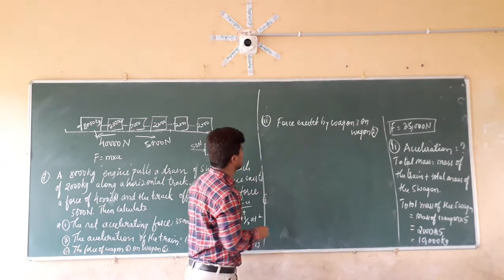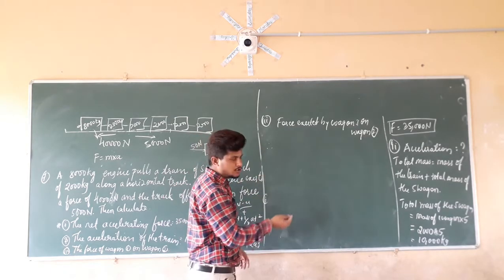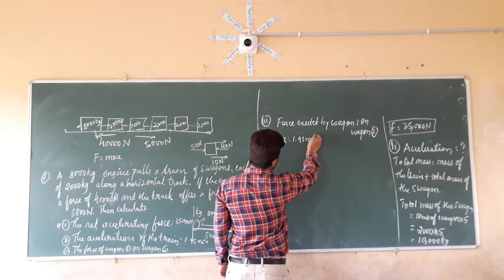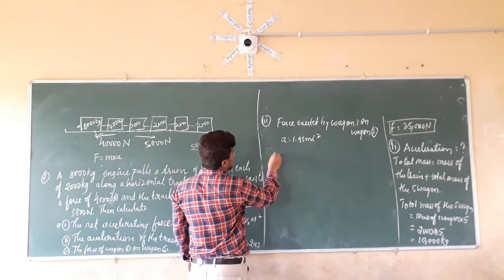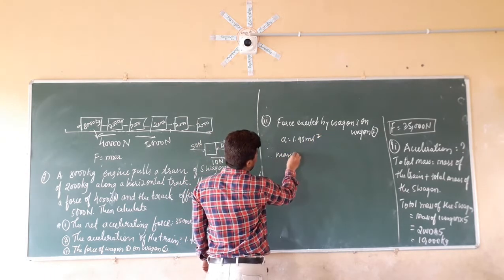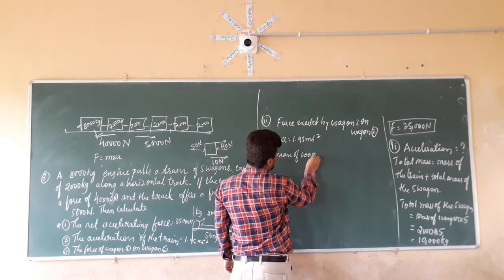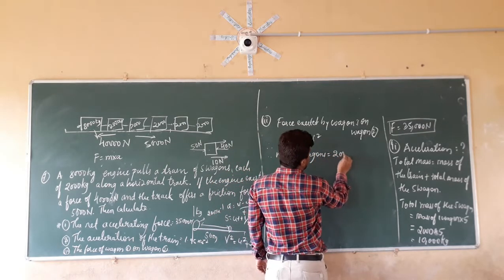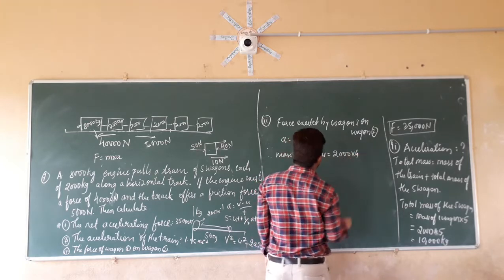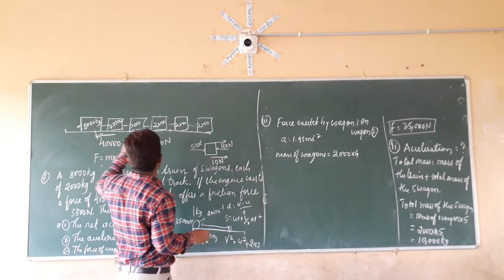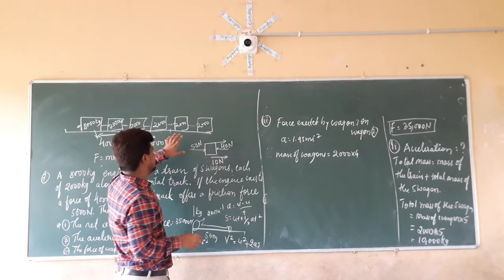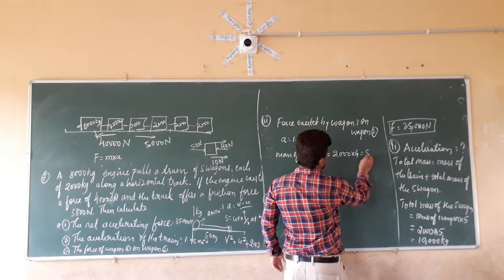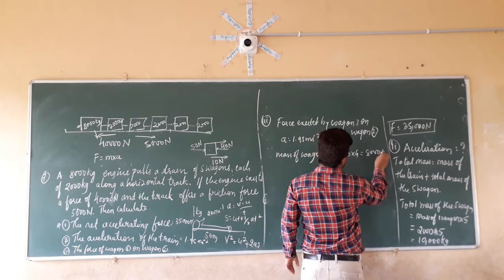The acceleration is common, so that acceleration is given as 1.95 meter per second square, and the mass of the vehicles is equal to how much? 2000 into 4, since the force which is exerted by the vehicle 1 on the vehicle 2 is the force which is going to be exerted on the four vehicles. So that is equal to 8000 kg.